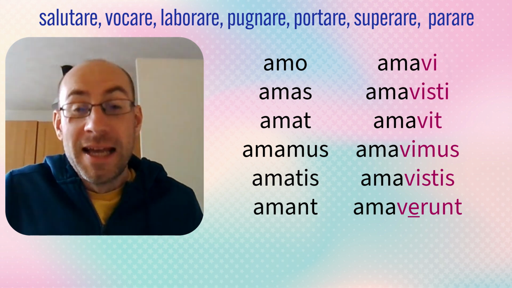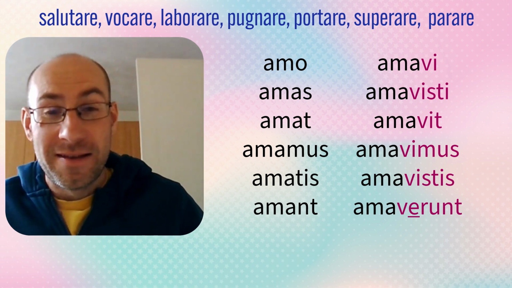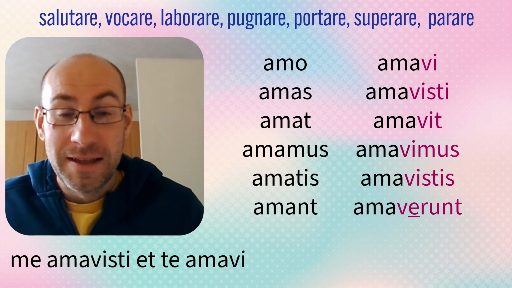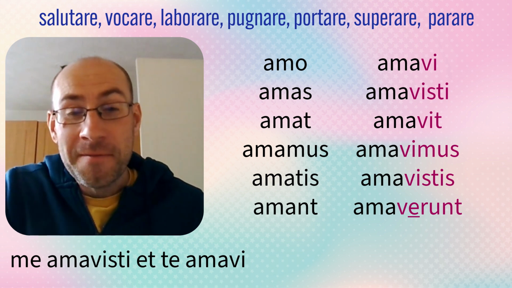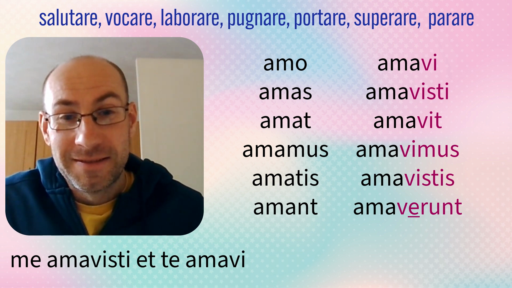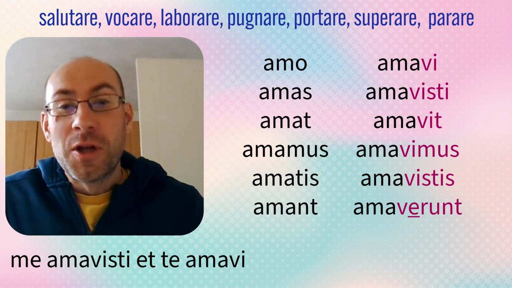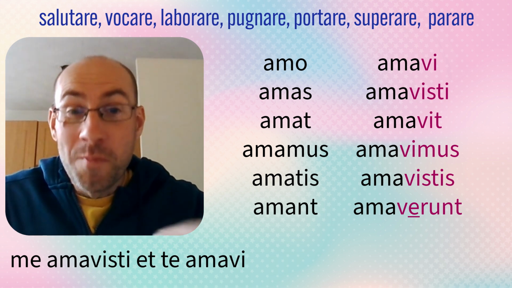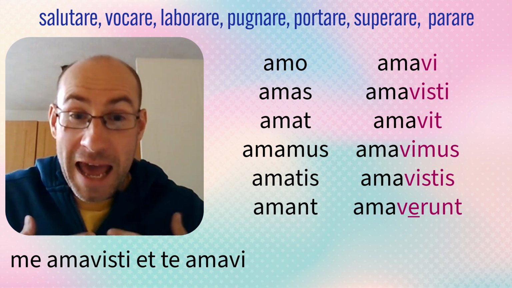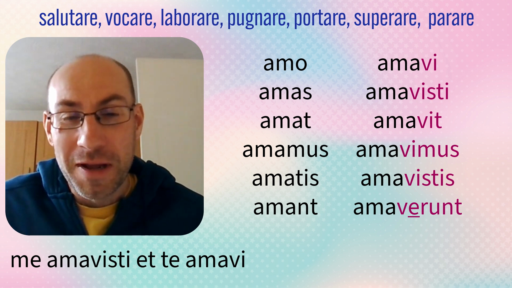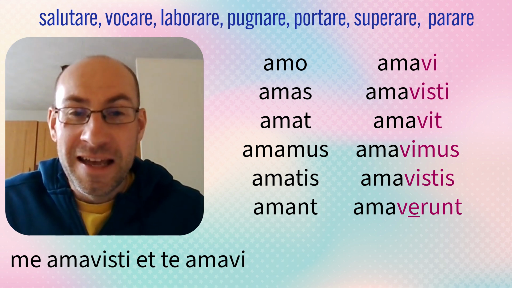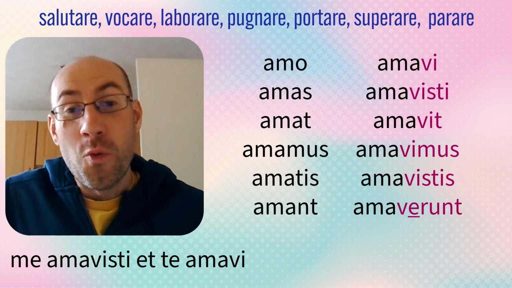I'm talking to one person. Te amavi, with V-I. Me amavisti, you loved me. Et te, and you. Ego te amavi. Et ego, I. Te, you, amavi. But they wouldn't use the nominative pronouns, I don't think. Me amavisti, et te amavi.